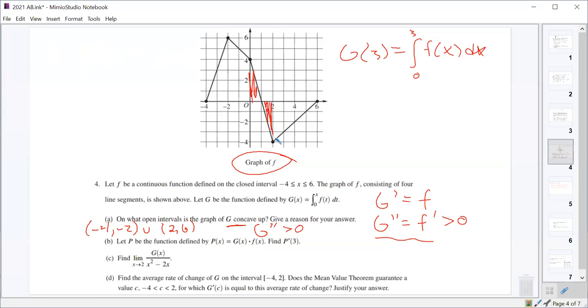So then we've just got the area from 2 to 3, which is a trapezoid. Trapezoid should be base 1, which is 4, plus base 2, which is 3, divided by 2, times the length of the interval, 1. So what should that come out to be? 7/2, which is a -7/2 because it's below the x-axis. Everybody good with that for G of 3?